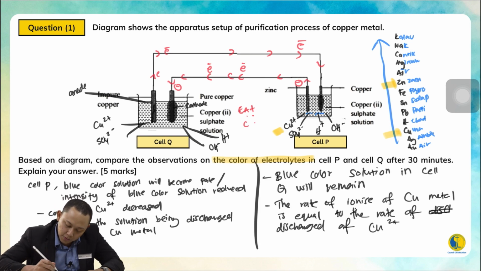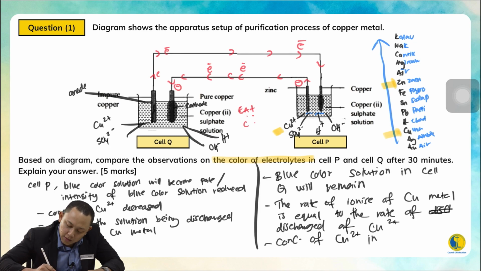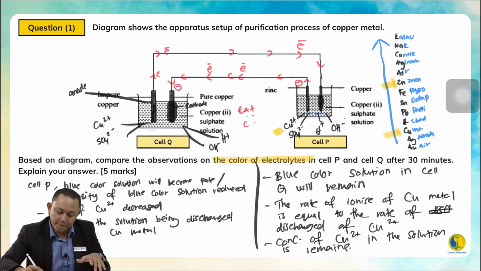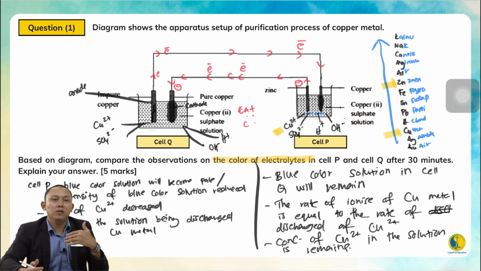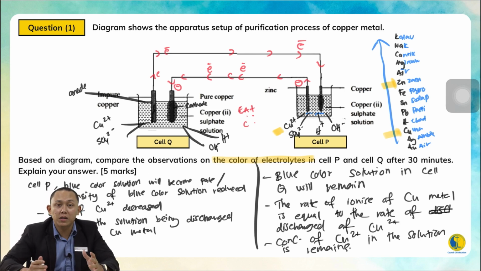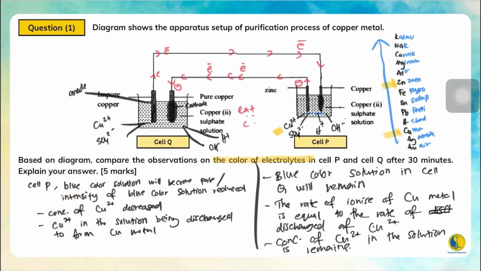So the concentration of Cu2+ in the solution remains. That's why we can see the color of the blue solution remains. You can also include the half equation that I mentioned just now in your explanation. This one is 5 marks only, but this one can go up to 6 or 7 marks, so you can include the half equation that I introduced to you just now.